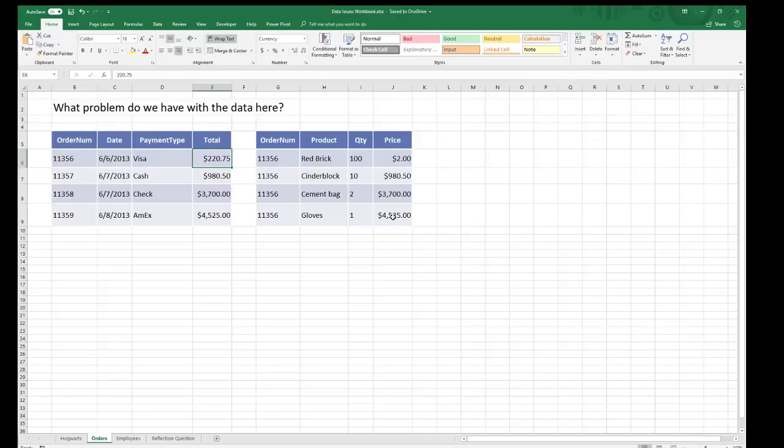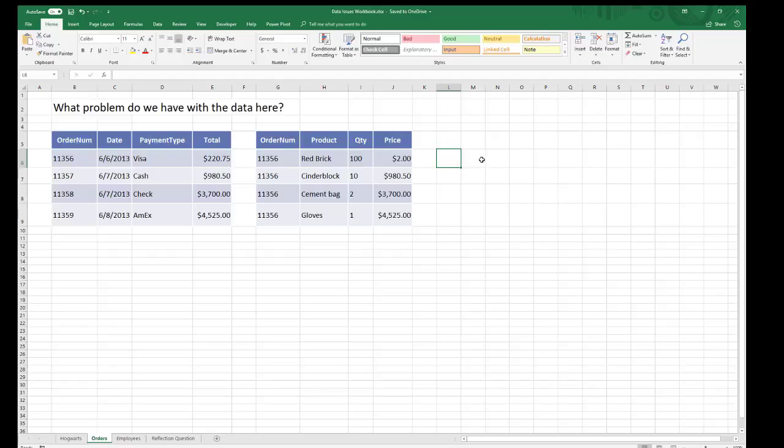So that is probably an issue. And what we have here is an issue of consistency. Basically, we have a situation in which the total doesn't match the addition of all the prices of the items on the order. So we have an inconsistency here.